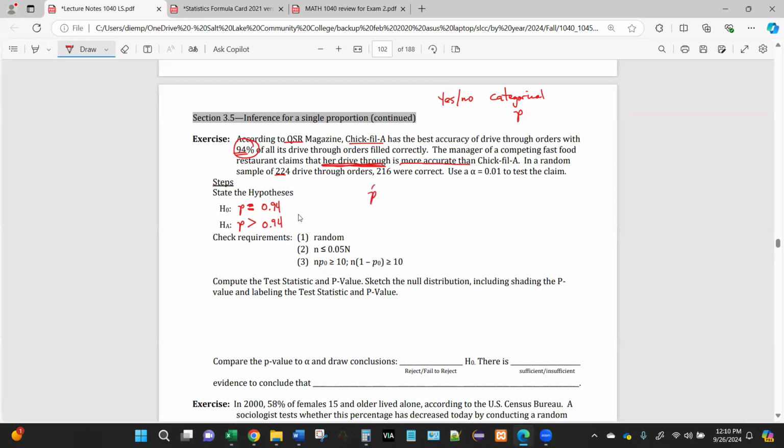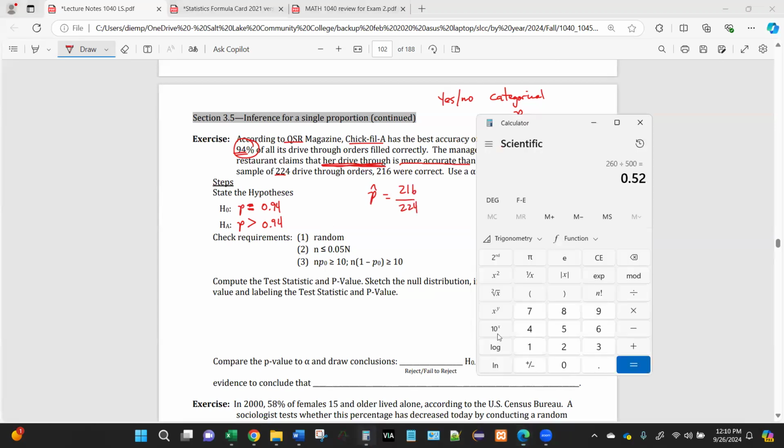So what do we do? Well, we have a sample. So we look at the p hat. Okay, so the p hat here is 216 out of 224. Okay, so if we go 216 divided by 224, we're looking at about a 96% success rate in the sample.